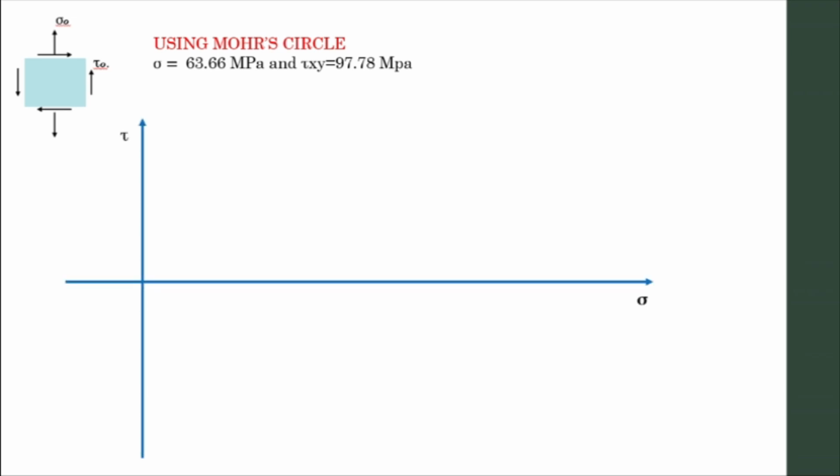So, plot na natin siya. Ngayon, meron kang X and Y axis. Ang X axis mo is the normal stress and Y axis mo is yung shear stress. Plot mo na natin tong horizontal plane. Meron kang normal stress na 63.66. Ipa-plot mo siya sa X na positive 63.66 kasi tension positive, compression is negative.